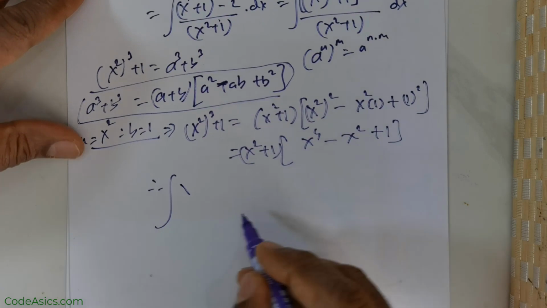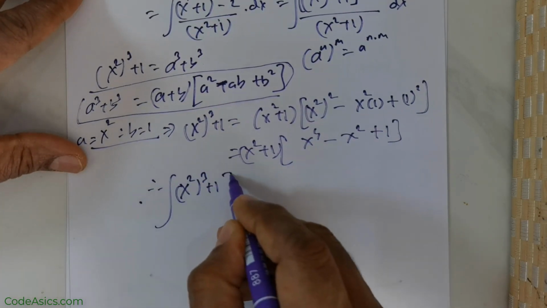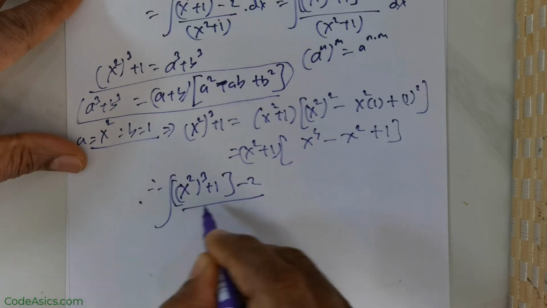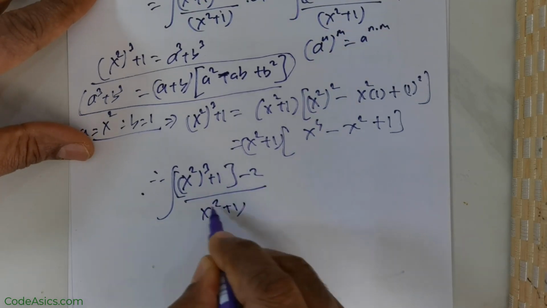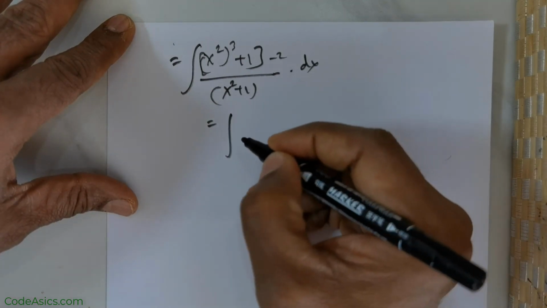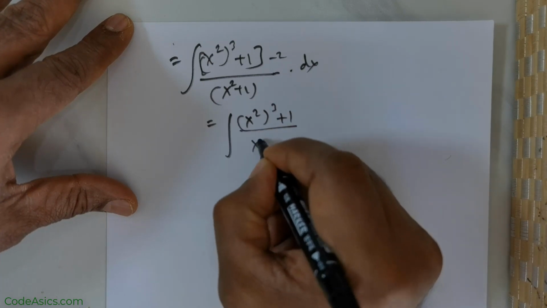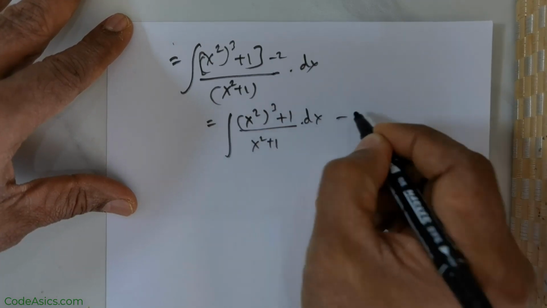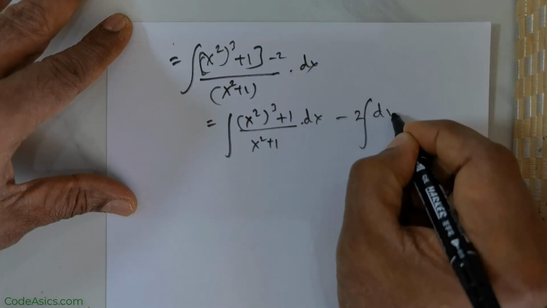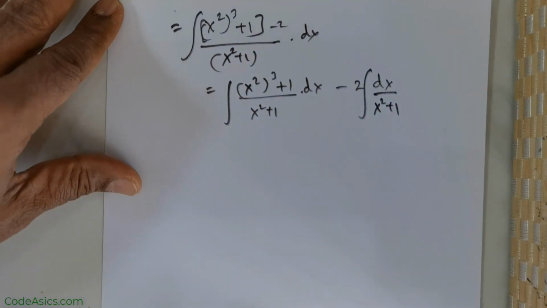Now take this and substitute it in the quantity that we have here. So therefore x to the power of 6 plus 1 minus 2, divided by x squared plus 1, times dx. This is actually rewritten as x squared raised to the power of 3 plus 1, divided by x squared plus 1, times dx, minus 2 times the integral of dx divided by x squared plus 1.